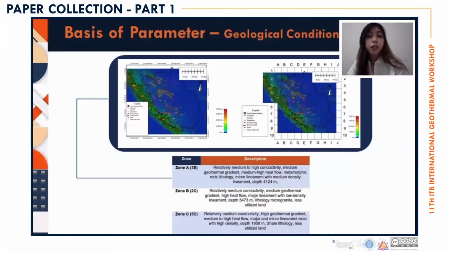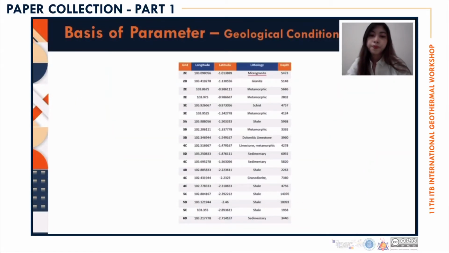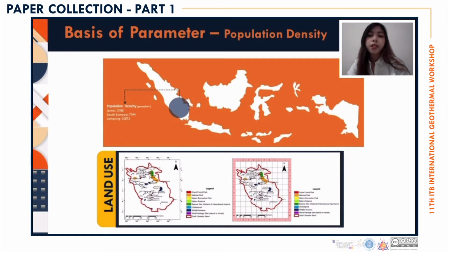Ladies and gentlemen, based on the figure on the slide, it is seen that the lineament delineation is denser in the southwest to northeast part of the basin, and the lithology of each grid can be seen in the table below. This study also used conservation area as one of the sub-parameters for the socio-environment parameter assessment to consider the possibility of further developing the resources.